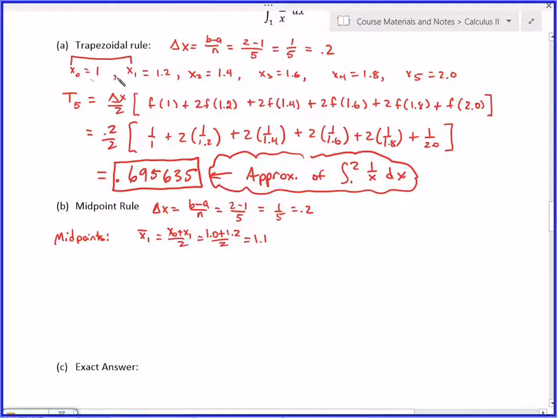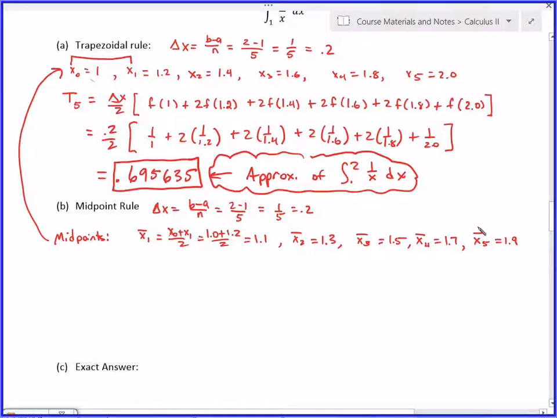But notice, you have to know the x's before you can find their midpoints. I'm taking advantage of the fact that we already found them. So x2 bar would be 1.3, x3 bar between 1.4 and 1.6 is 1.5, x4 bar is 1.7, x5 bar is 1.9.